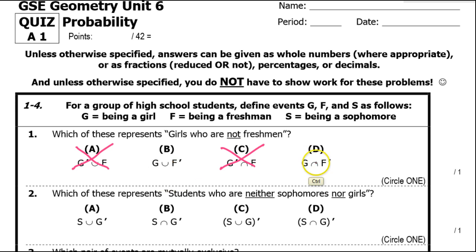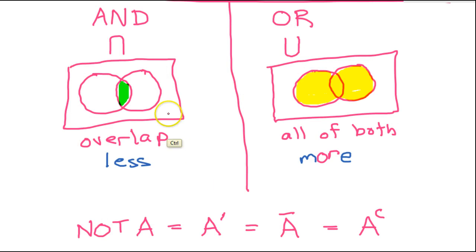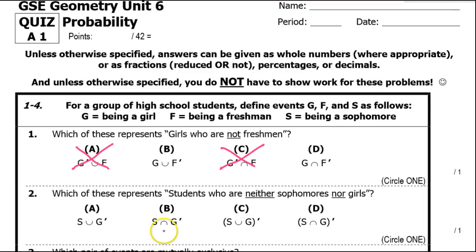So the only difference between these is the first one has the OR symbol, and the second one has the AND symbol. So the only question is, are we talking about the overlap of these two sets, or are we talking about all of both? Okay? So the easier one to understand is the overlap.